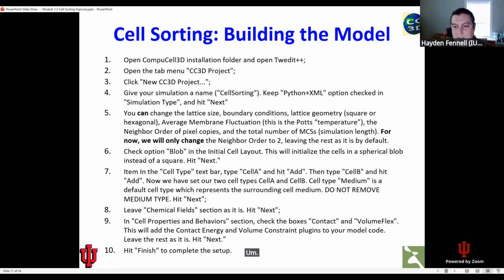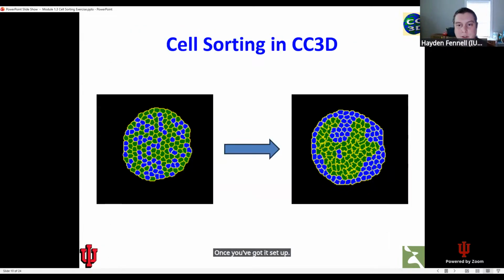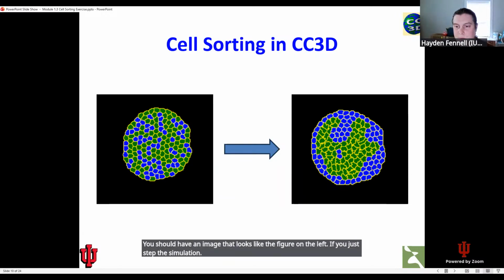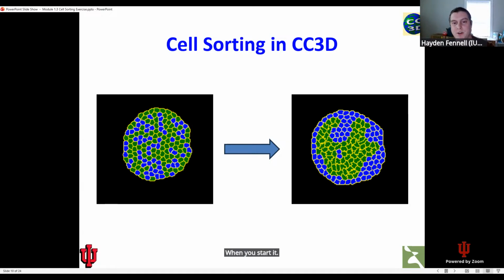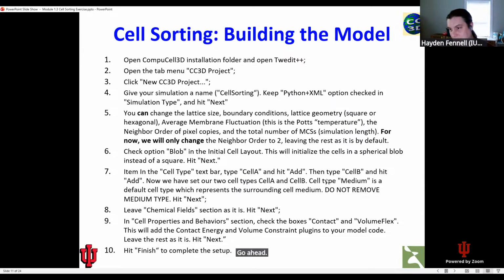Once you've got it set up, you should have an image that looks like the figure on the left if you just step the simulation when you start it. Once you've got this figure, go ahead and post an image or a screenshot of it in the chat.